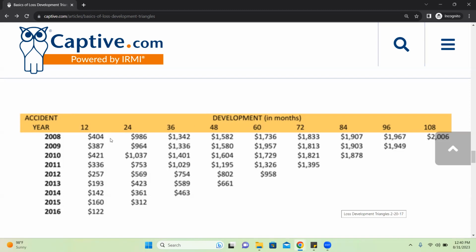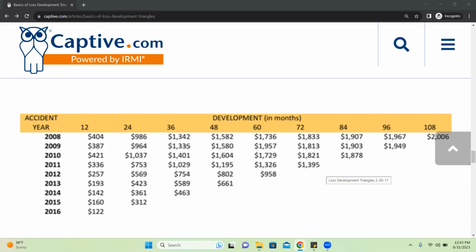And depending on whether the claims are occurrence-based or claims made, that could affect your numbers too.